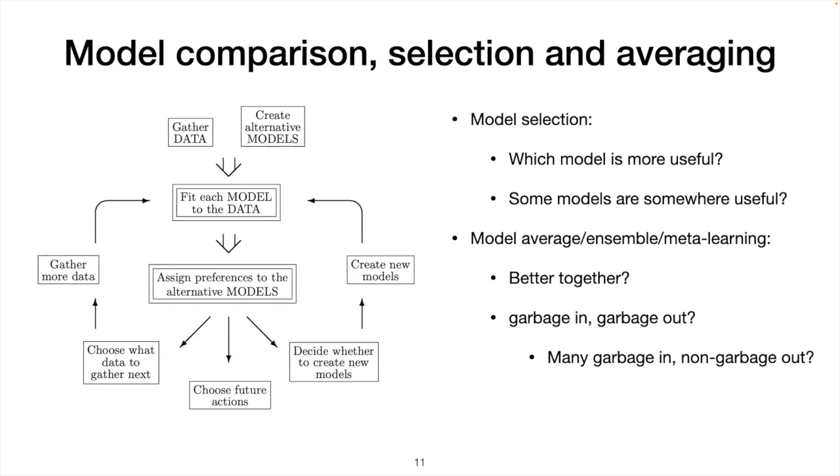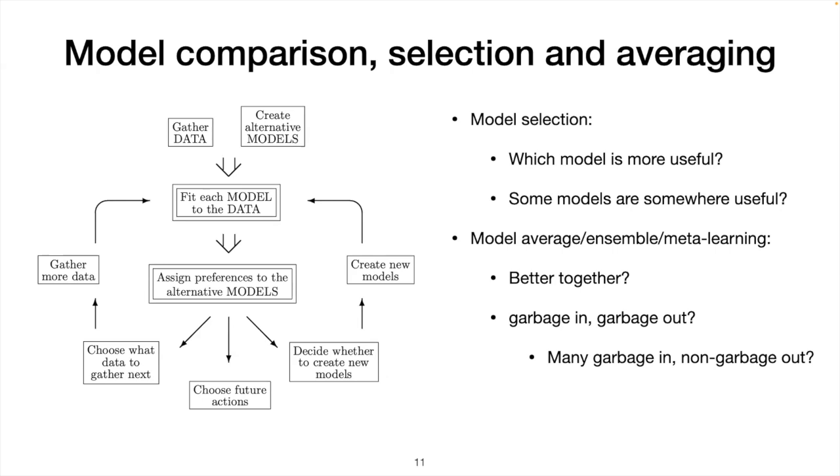So the workflow of typical Bayesian modeling would be that you gather your data, you fit some models, you get the inference, and you make a model assessment on some desired quantity.